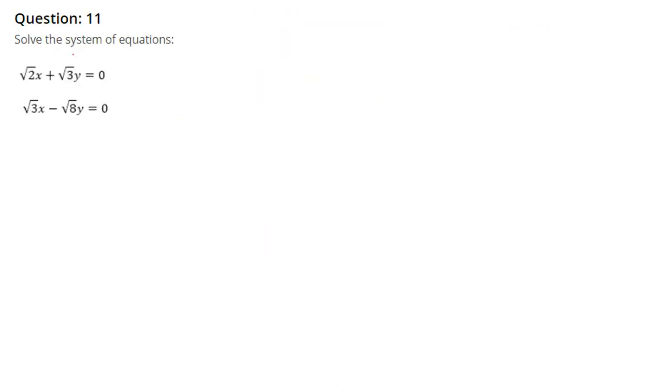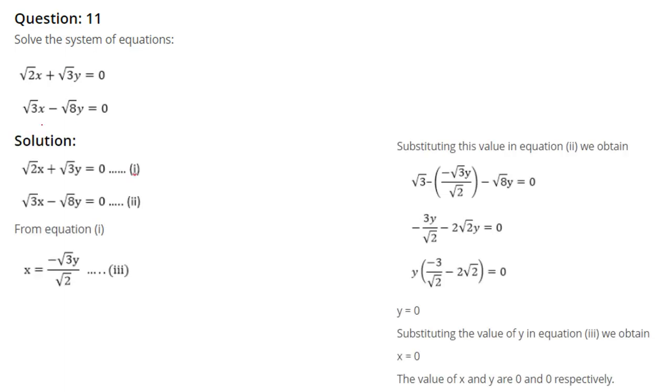Now here, solve the system of equations. In this case, there are roots. You can take this one or this one, there is no difference. The solution is in front of you, but I'm trying to give you another perspective. Root 3 x minus root 8 y, so root 3 x will be equal to root 8 y. x will be equal to root 8 y by root 3.